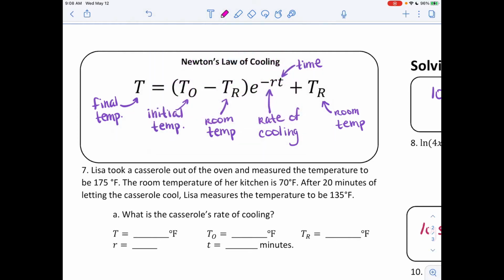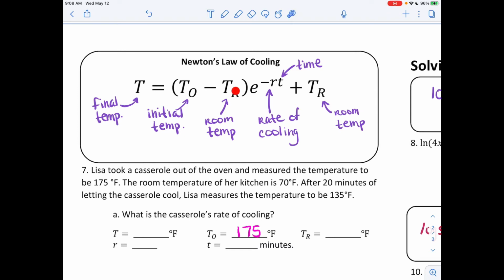So in this example, Lisa took a casserole out of the oven and measured the temperature to be 175 degrees Fahrenheit. So that's our starting temperature. Let's go ahead and fill that in here under our T naught, 175. The room temperature of her kitchen is 70 degrees Fahrenheit.